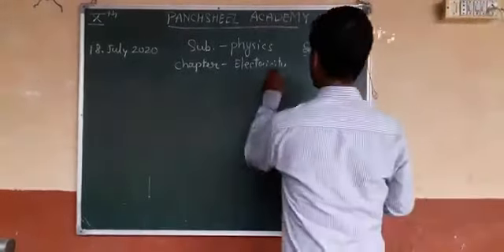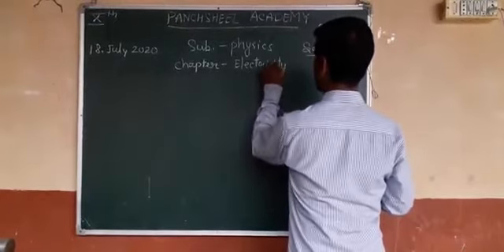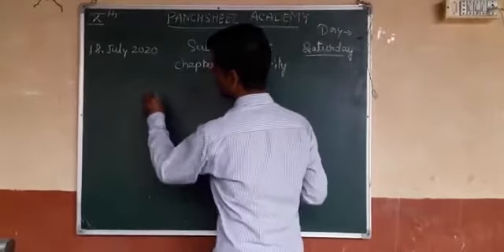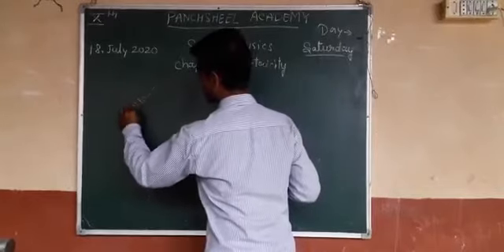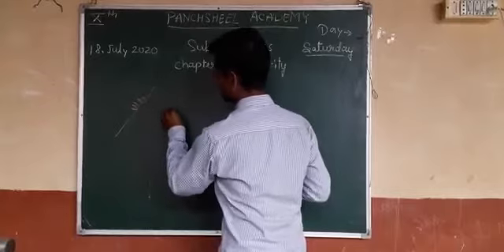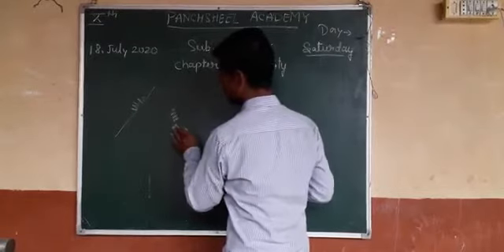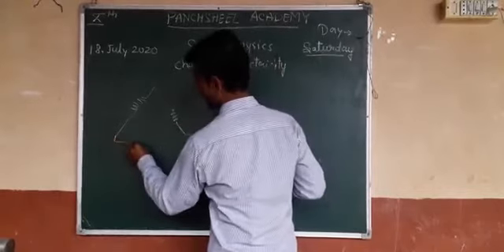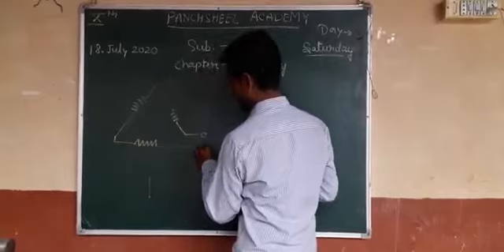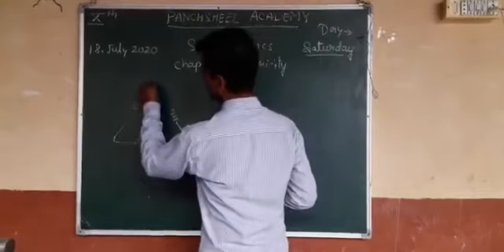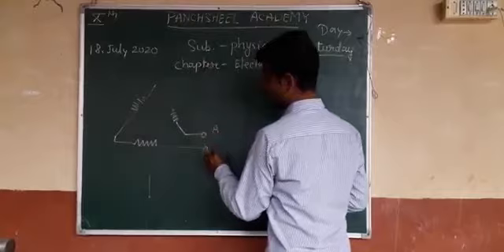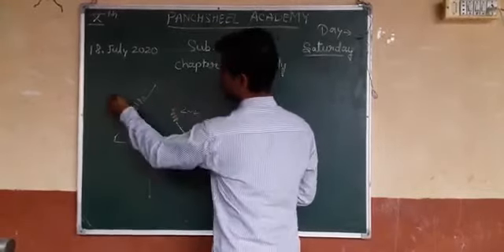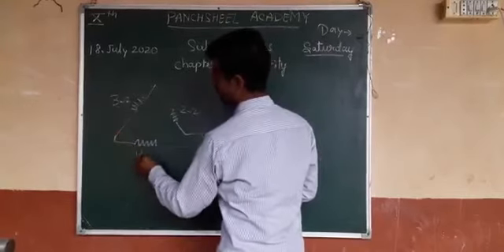Okay, we will take another example for series combination. One question is like that. Okay, this is the A point and this is the B terminal or B point. Here 2 ohm, 3 ohm and 4 ohm.